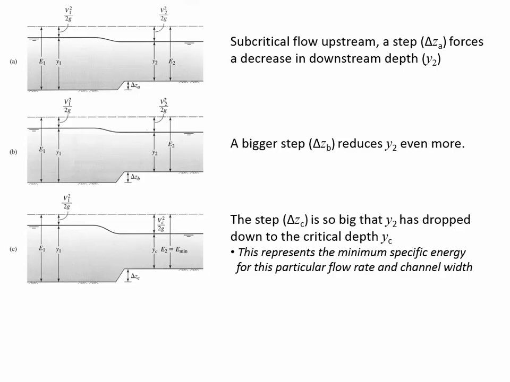So there is a limit to how big of a step you can have and still get the water up over that obstacle, and we call it the critical step, delta Z sub C. It's the last depth that the water can get over that step, and it's when it has critical flow over the obstacle.